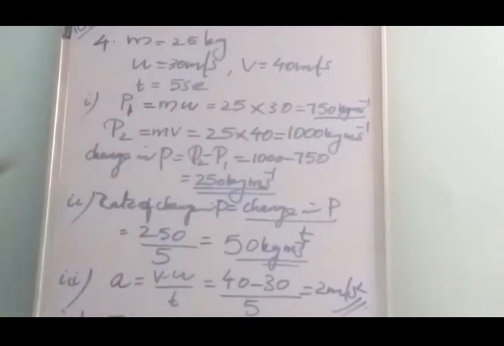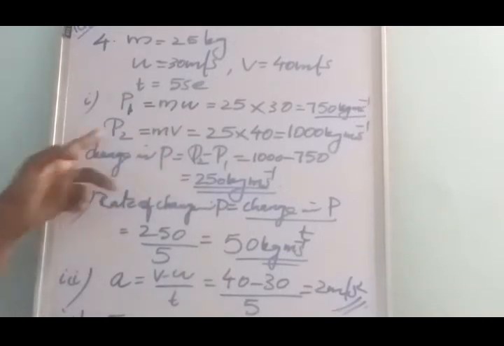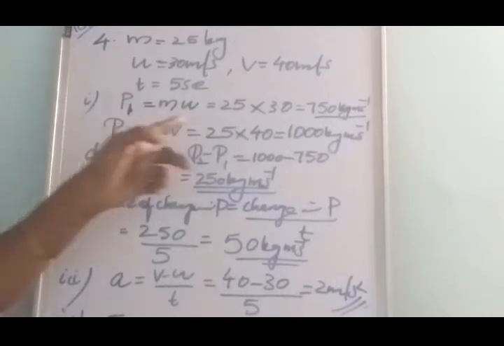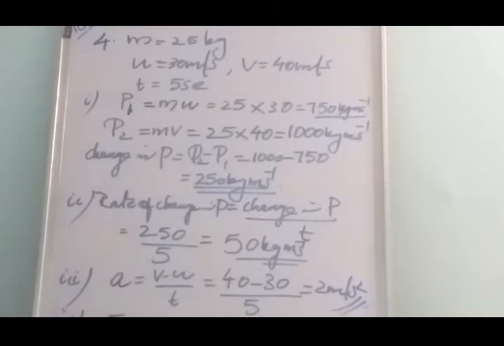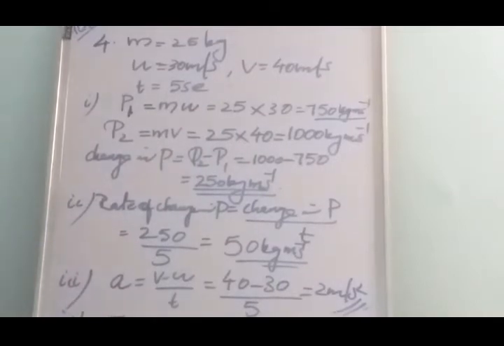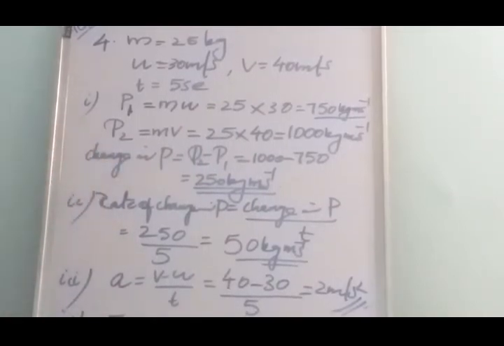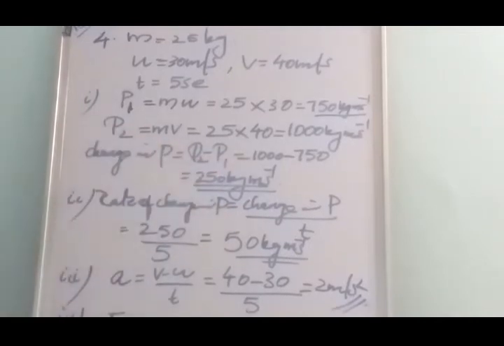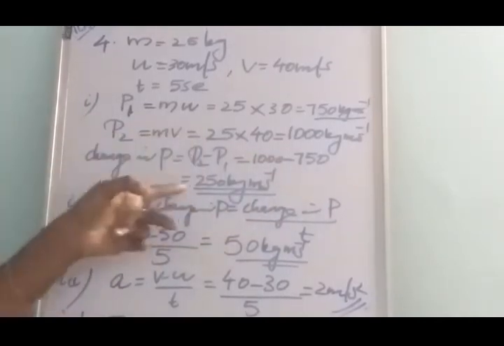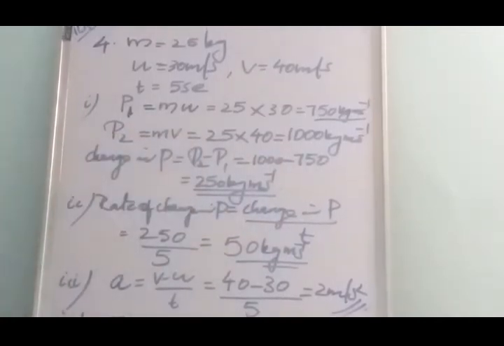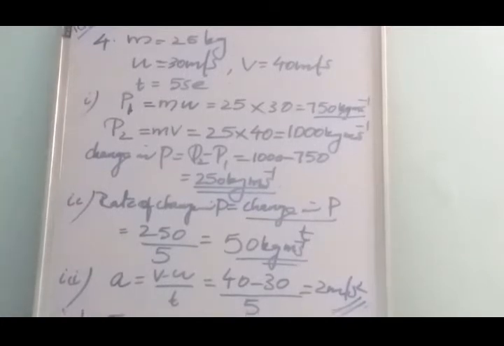Final momentum P2 is equal to m into v, that is 25 into 40, which is 1000 kilogram meter per second. So change in momentum is 1000 minus 750, that is 250 kilogram meter per second.